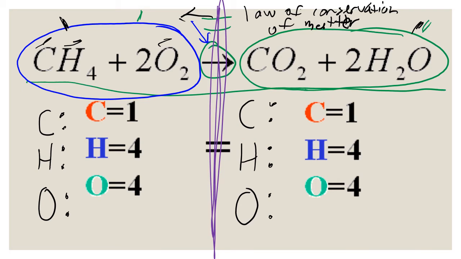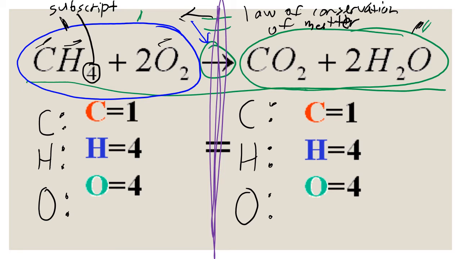So there are two things you look at when you count what's in an equation. One of the things is the tiny number that's next to each element. That is called the subscript, which you should have heard of before at some point, but that's the tiny number.